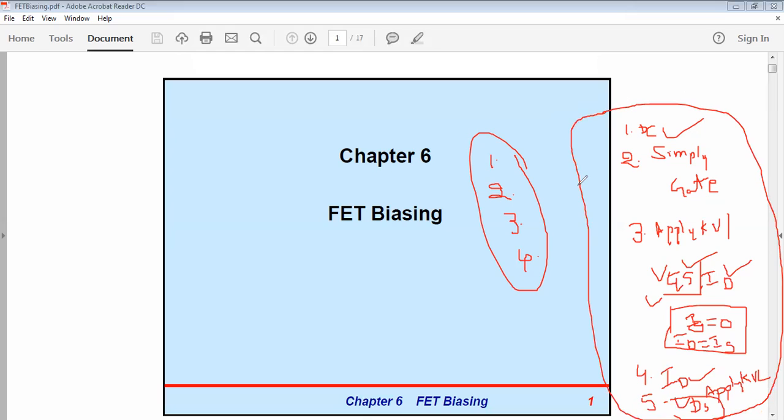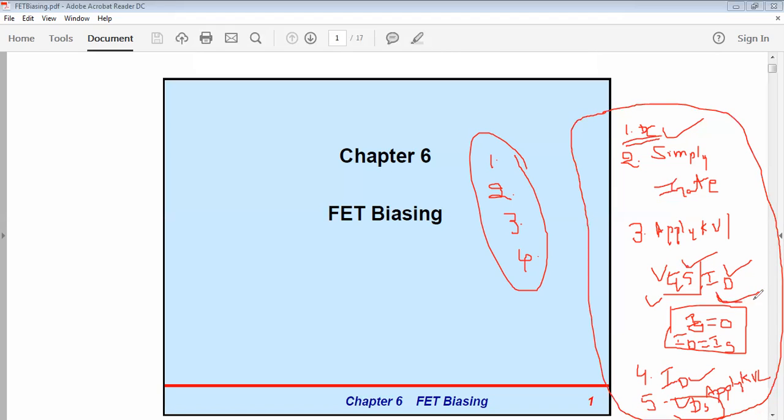For DC analysis of a FET circuit, we can choose any one biasing circuit and apply the procedure. The procedure is: draw the DC equivalent circuit, then simplify the gate network, then apply KVL to the input loop and derive the expression VGS equal to, or ID equal to.